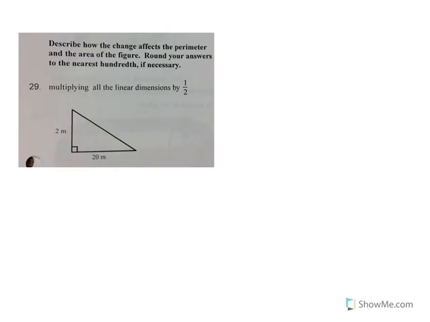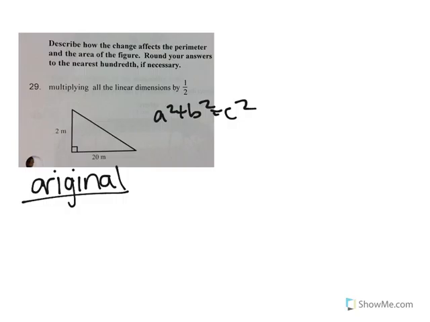Number 29. It says, describe how the change affects the perimeter and area of the figure. Round your answers to the nearest hundredth if necessary. So first thing you need to do is find your original perimeter and area. To find the original perimeter, you're going to have to do a squared plus b squared equals c squared first in order to find your hypotenuse.